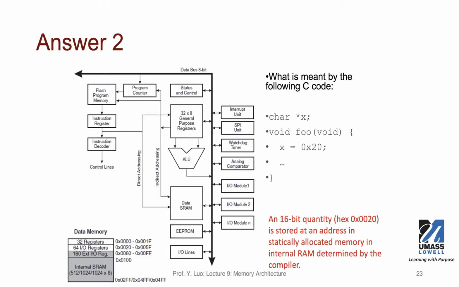So we can later use this address to find the corresponding value at that memory location 20, and that's likely to be here. But X itself is a 16-bit variable that's allocated in this memory region by the compiler.